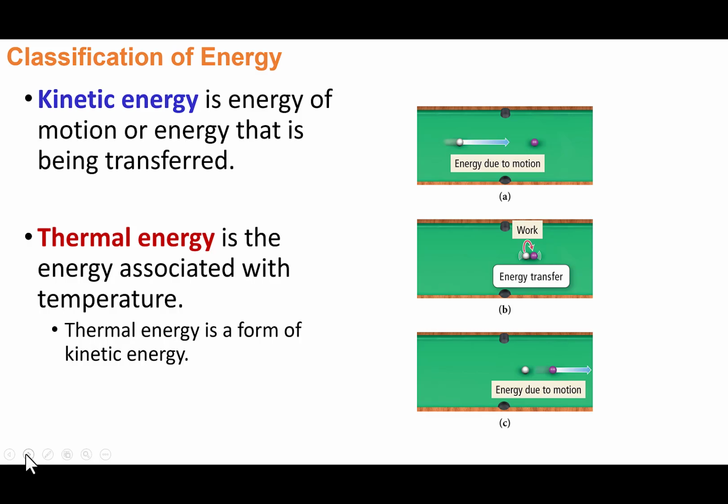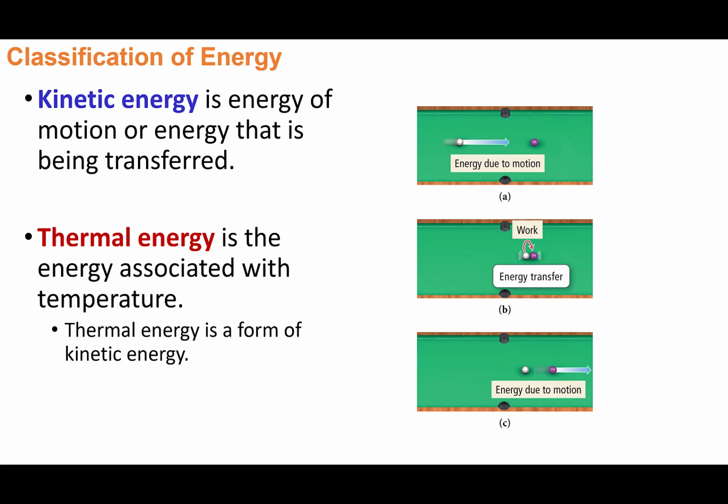So kinetic energy, how do we talk about molecules? We don't really talk about molecules rolling down a hill or bouncing around on a table. When we talk about kinetic energy for molecules or the motion of molecules, we tend to talk about thermal energy. So thermal energy is defined as energy that's associated with temperature. So thermal energy is kind of a form of kinetic energy.